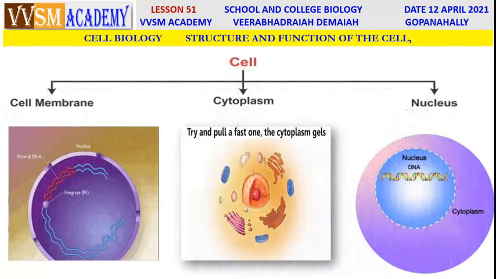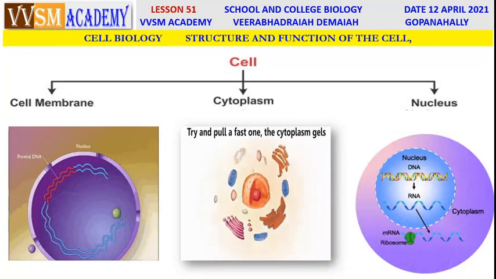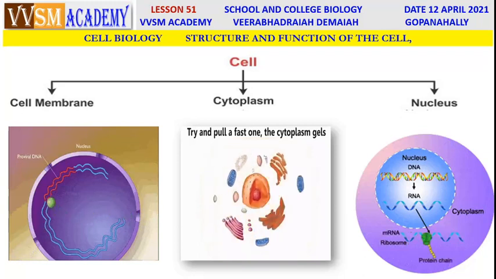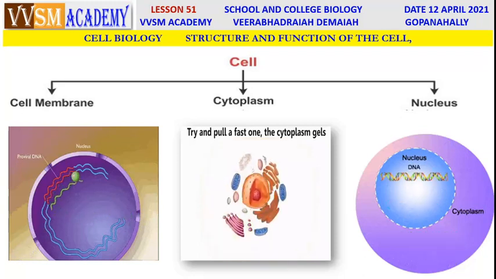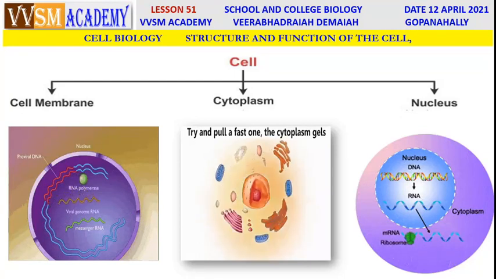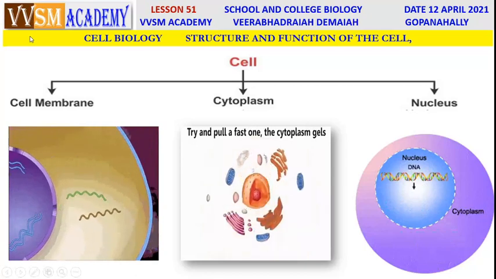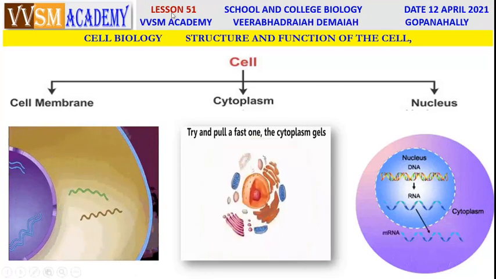Well, my dear friends, as I told you, this is a cell composed of the cell membrane. Some of the components which are there are covered by the cell membrane. The outermost layer of the cell is called the cell membrane. Next, cytoplasm.